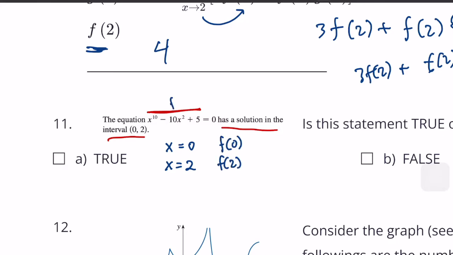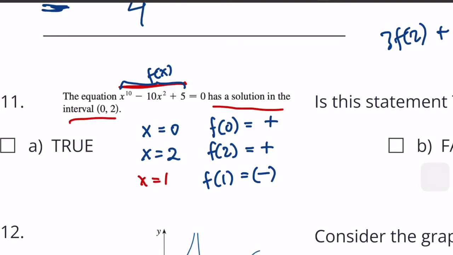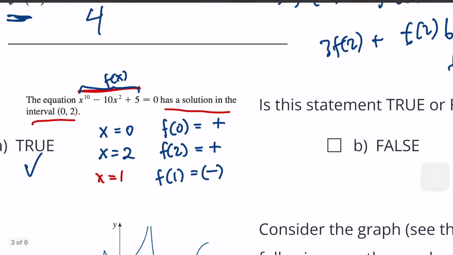So let this become our function here, this whole thing, and this is positive, right? We don't really care about the number now. When you plug in 2, it's also positive. So how can it be? We still have x equals 1 in between 0 and 2. So we can check f(1), that is actually negative. So this is true. So there will be a solution in the interval 0 to 2.